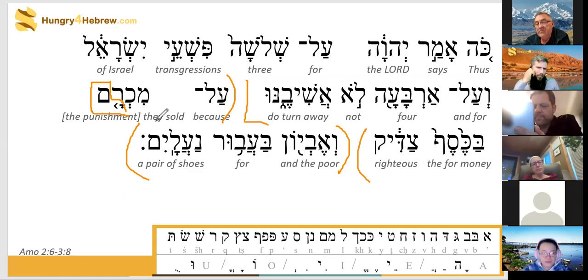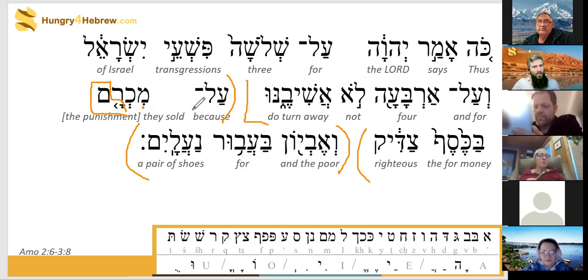So he sold them, right? Well, hang on. I have a question. If he sold them, wouldn't it be maharam? Yeah, it should be maharam. Is that a price then? The price of them?